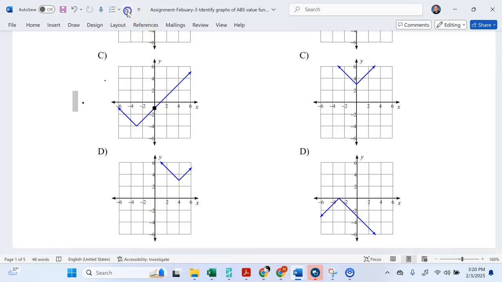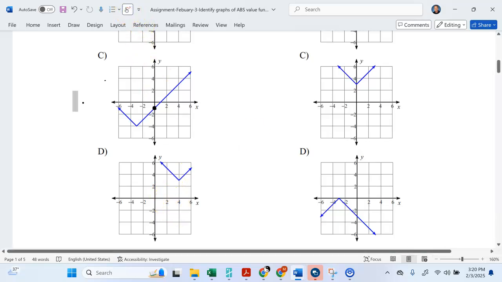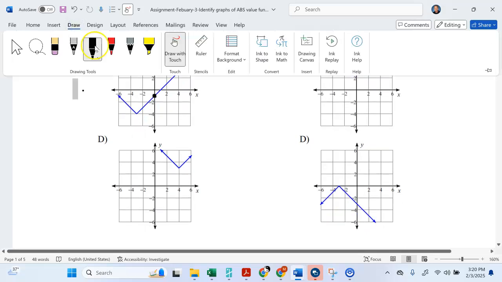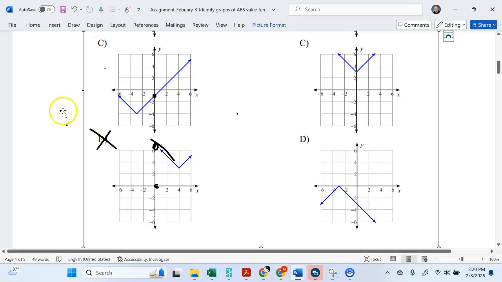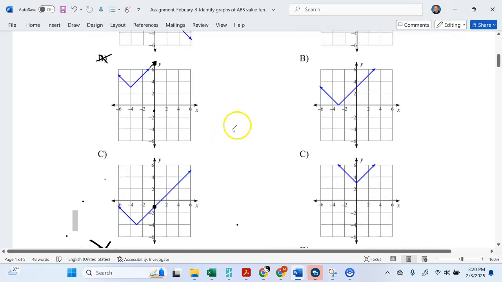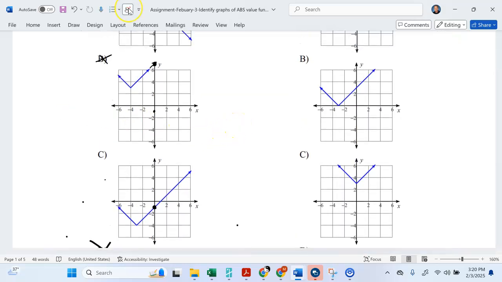So you want to check D. Okay, so let's see what we got over here for D. When x is 0 right here, it looks like y would be about right there. So that's about 6 or 7. So that's no good either. So the only one that works is going to be C, okay? So that's our correct answer for that.